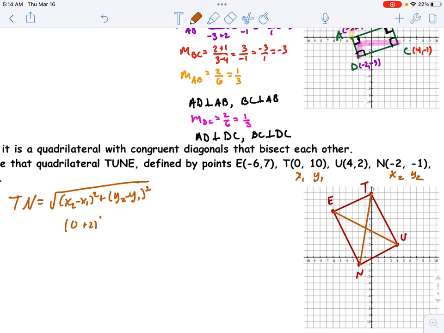Okay, 0 plus 2 squared plus 10 plus 1 squared. Alright, so this is going to be 2 squared plus 11 squared. 4 plus 121. 125. Alright. So TN is that.